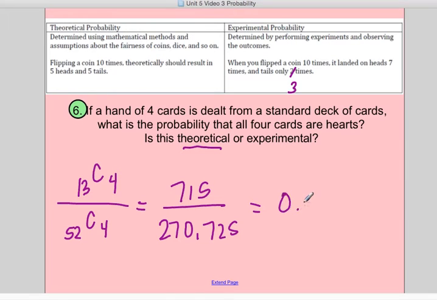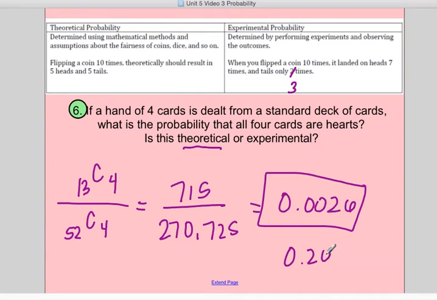And as a decimal, 0.0026. So that means there's 0.26% chance of getting a hand of 4 hearts. Okay. And then you can find the reduced fraction also if you wanted to do it that way.